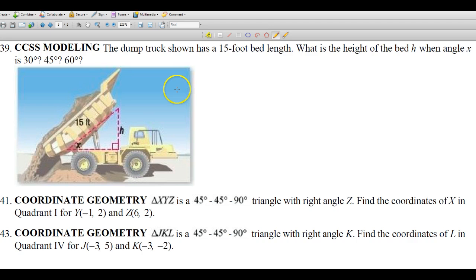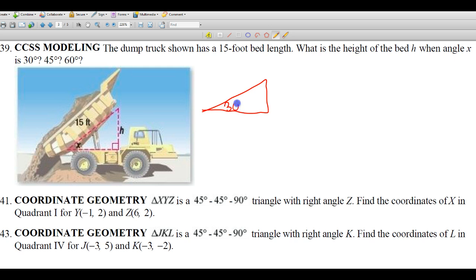The dump truck shown has a 15-foot bed length. What is the height of the bed, h, when angle x is 30 degrees, 45 degrees, and 60 degrees? So we'll start with it being 30 degrees.